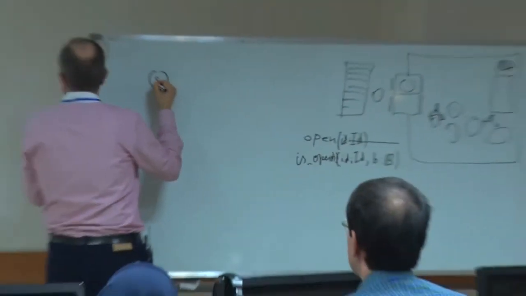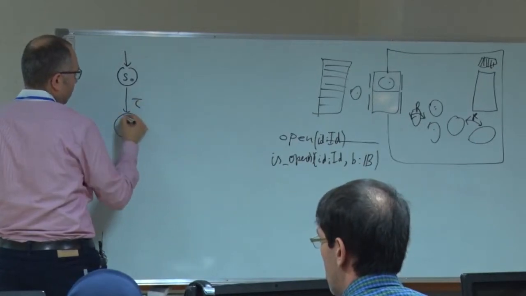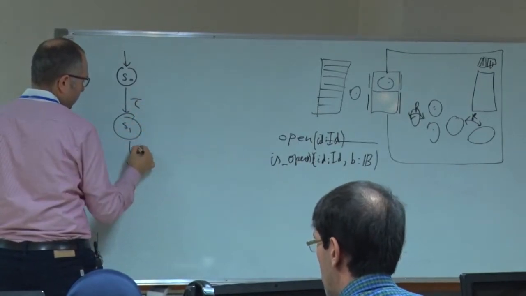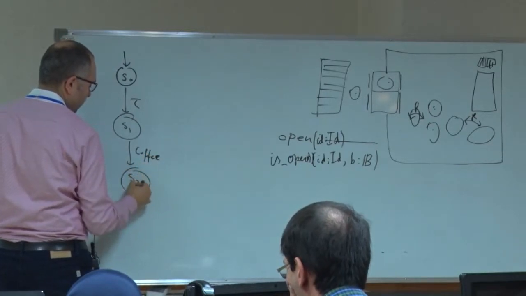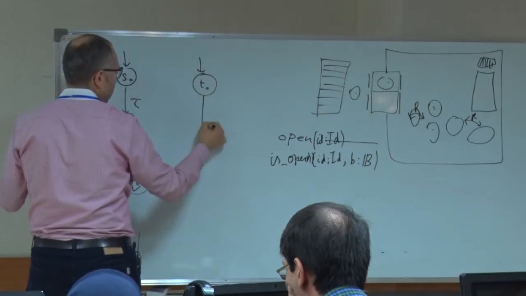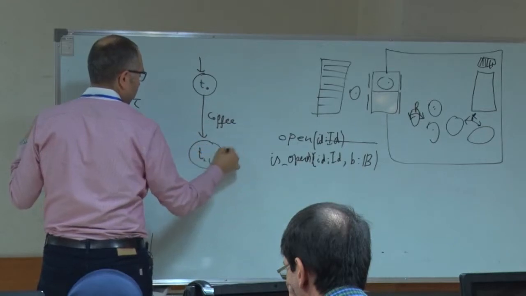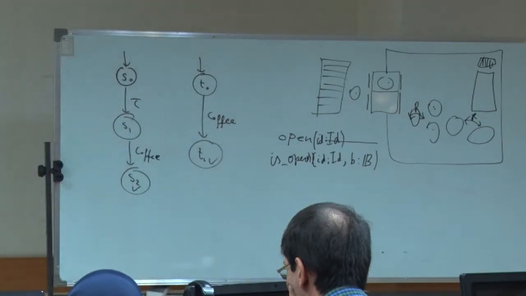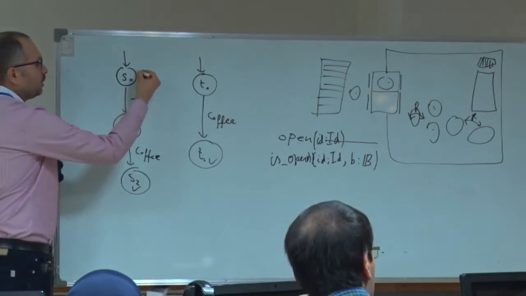So here is S naught, the initial state. For these two, we first check weak, and branching is very, very similar. For these two to be weak bisimilar, the initial states should be related.